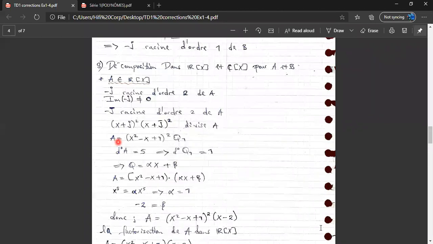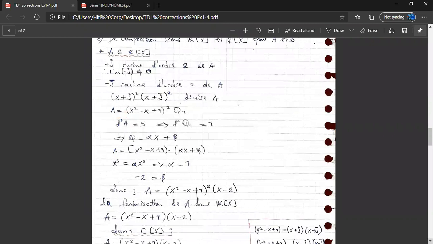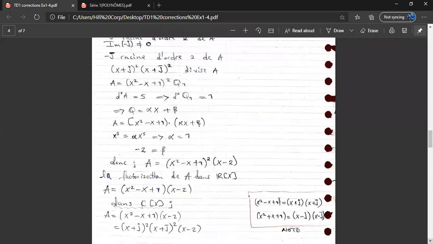Mind you, guys, we said identities are very important. These identities I gave you: x squared minus x plus 1 is equal to x plus j times x plus j bar. x squared plus x plus 1 is equal to x minus j times x minus j bar.